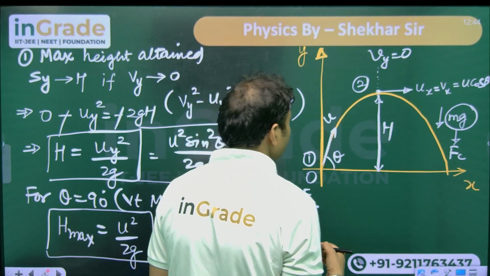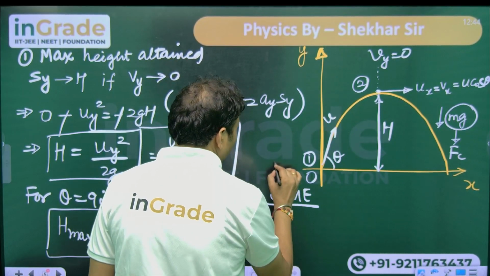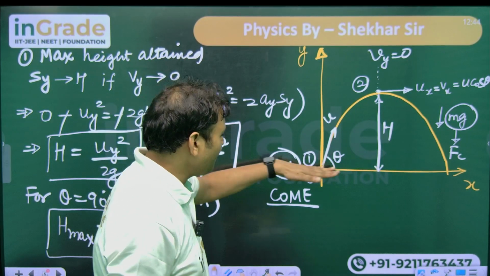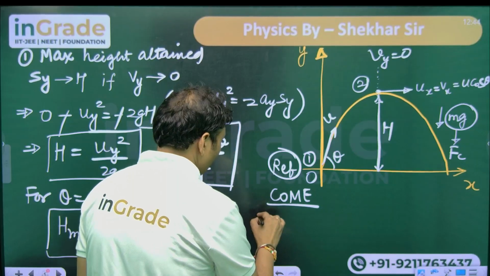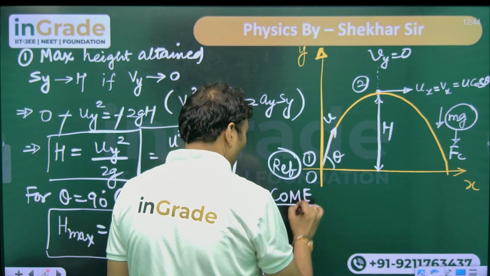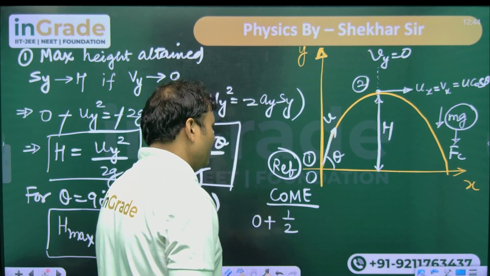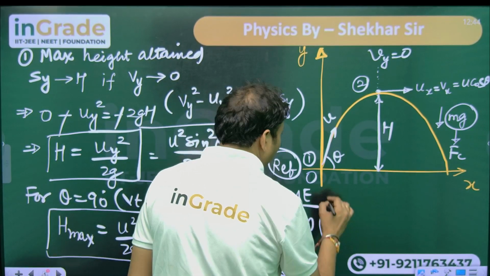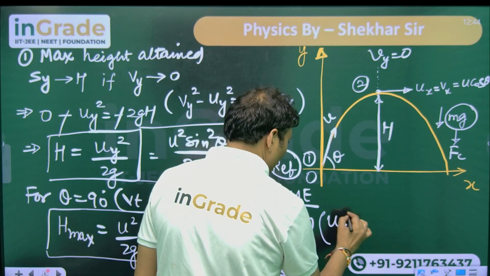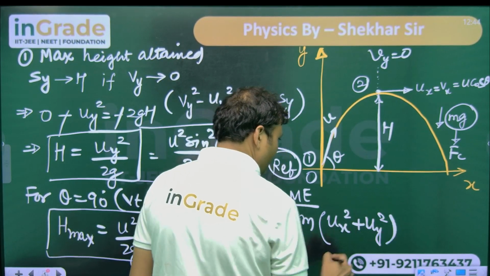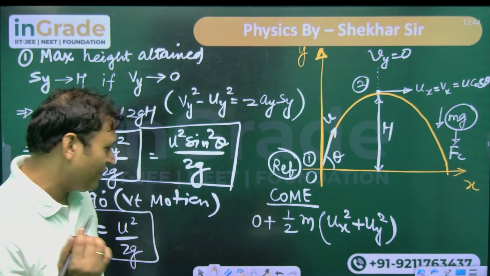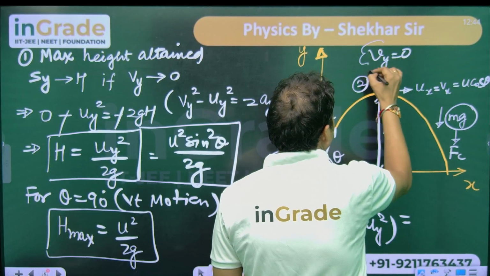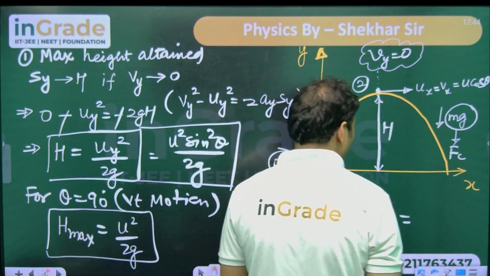If we apply conservation of mechanical energy of the particle between point 1 and point 2, for potential energy we need a reference line. So the potential energy of the particle at point 1 will be 0. It is 0 plus the only energy, the kinetic energy, half m into u square, or we can write it as ux square plus uy square, because u square is equal to ux square plus uy square, is equal to, at the highest point, there is no velocity in y direction.